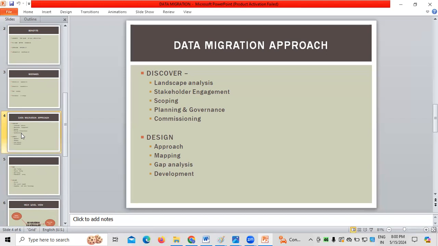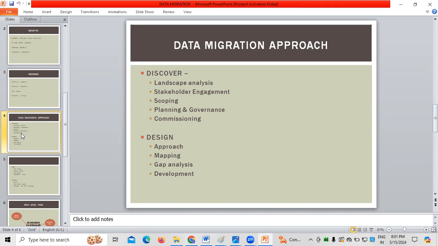Of course, data migration, technically speaking, will be taken care of by the technical people, including the staging database, etc. But being a business analyst, we will be involved more in the discovering phase and at the same time the design phase. That's the reason it's always important for us to know the four steps involved in the data migration.